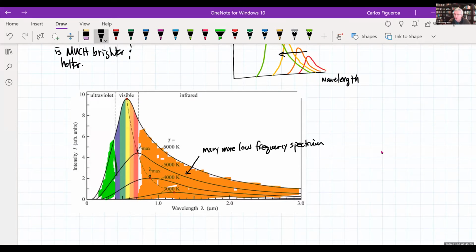The tail is really long, but when you look at this lime green section, there's very few high frequency spectra. And that becomes really important in the discussion. So when you're looking at this, you're getting a lot more low frequencies and you're not getting nearly as many high frequencies from the peak, that is.